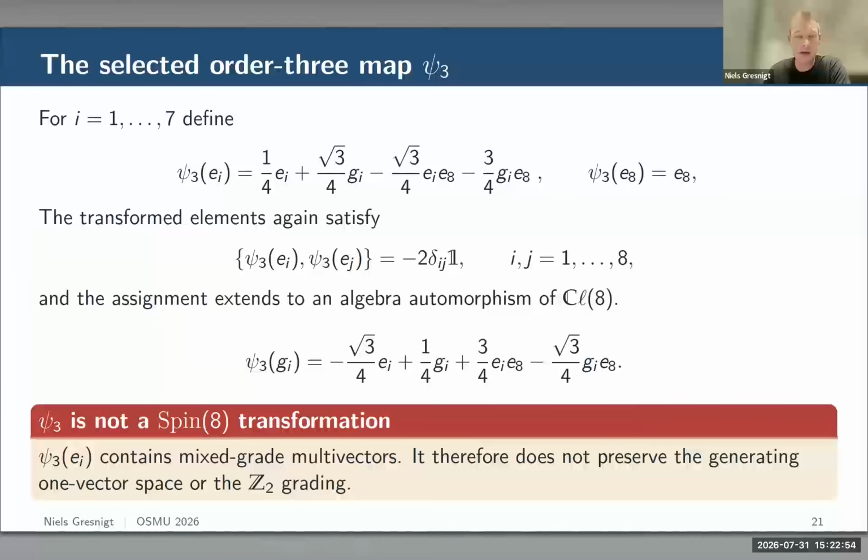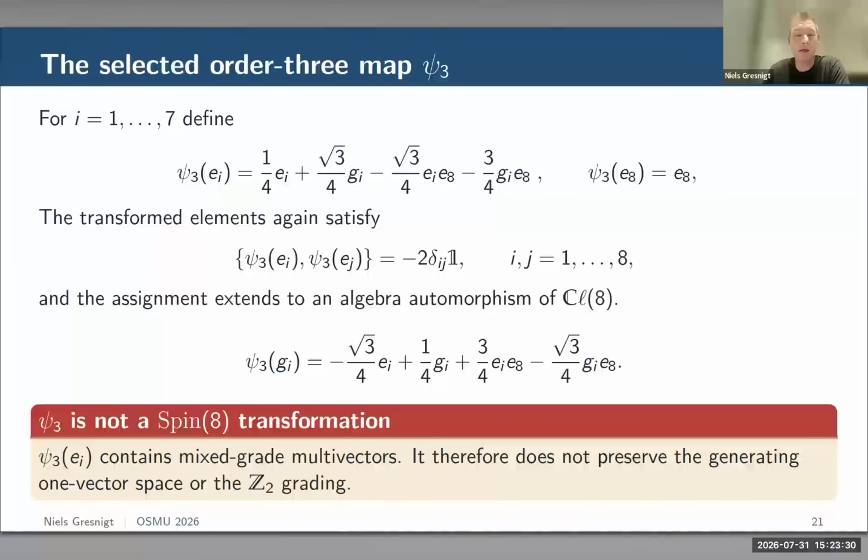And so it looks a little bit messy, but we can see that if we act on the CL8 basis, then it mixes these EIs with the GIs, but it also contains these extra terms. It mixes the EI with the E8 and the GI with the E8. But psi3 fixes the identity and it fixes E8. And then what you find is that those transformed elements satisfy the same anti-commutation relations as the original CL8 basis.